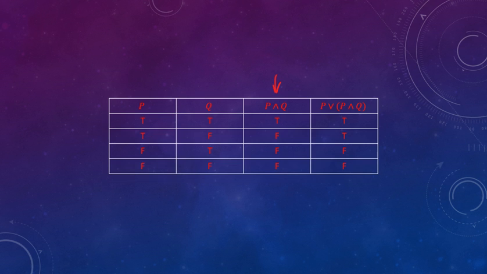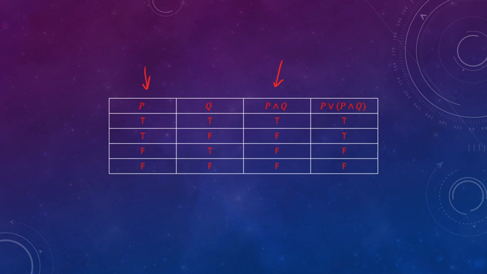And now we're going to take the disjunction of the first column and the third column, and that will give me the entries in my fourth column. So a true or a true gives me a true, a true or a false gives me a true, a false or a false gives me a false, then a false or a false gives me a false. And we see that this is the same set of truth values as we had for just P.